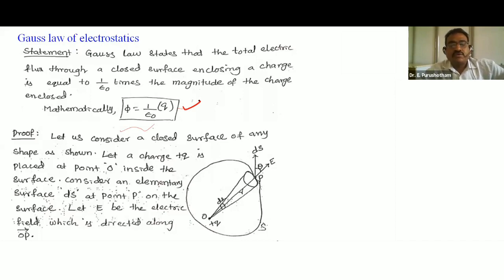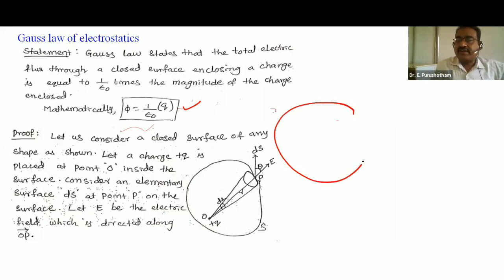Proof. Let us consider a closed surface of any shape. Let us choose a point O in the surface. At a point O, let us take a charge plus Q inside the surface. So let a charge plus Q be placed at point O inside the surface.